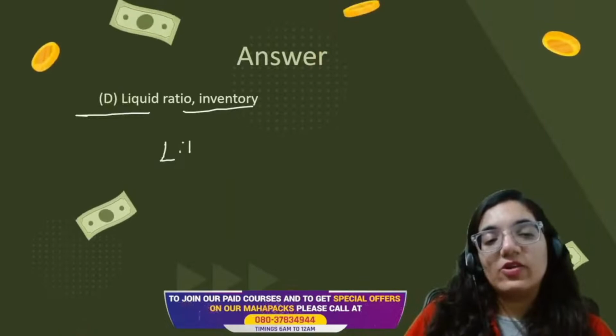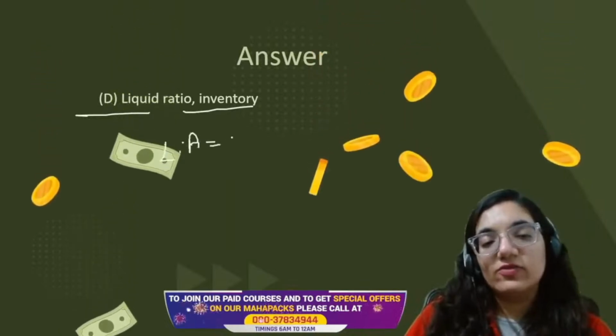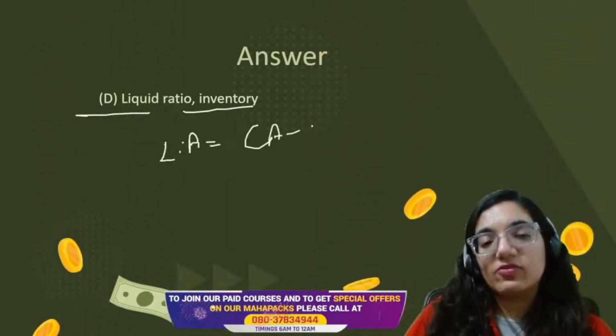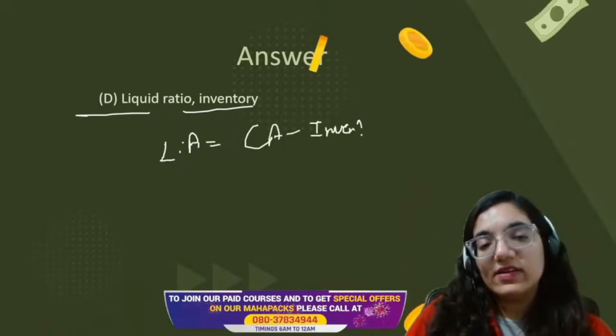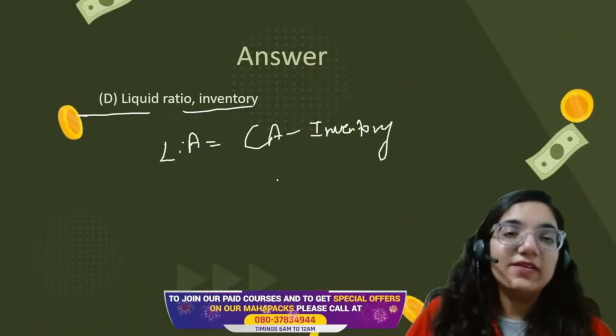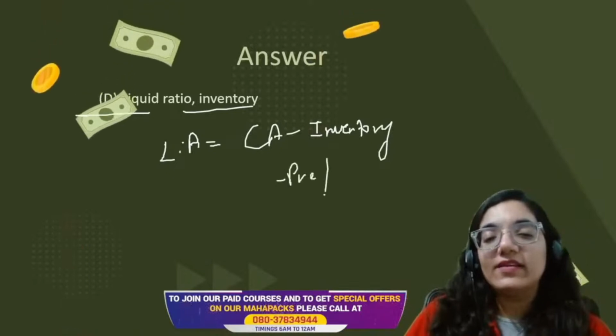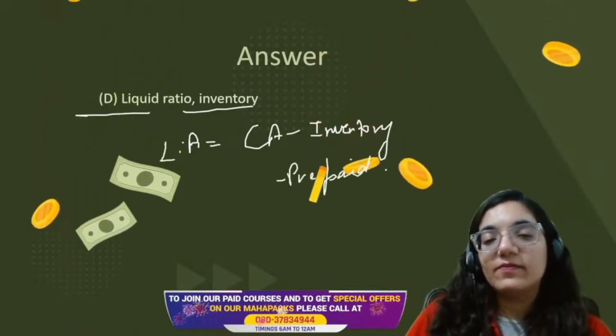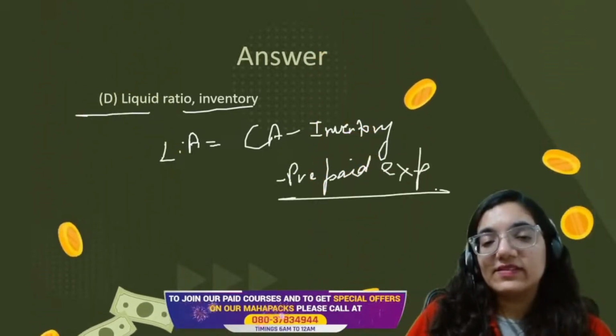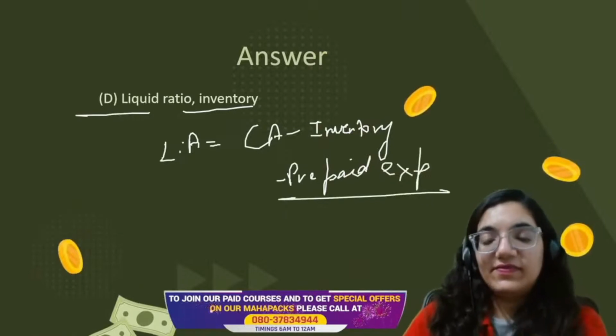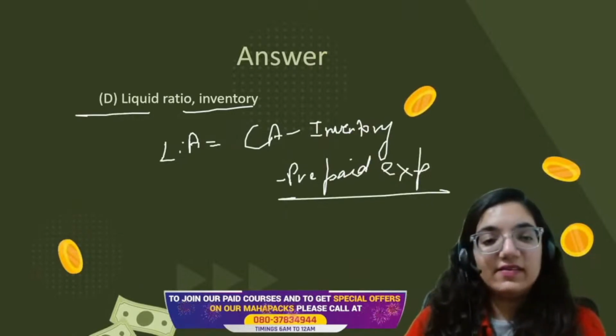Liquid assets do not include, from the current assets you have to remove inventory, as well as what was the second point, everyone? It was prepaid expenses. Done?